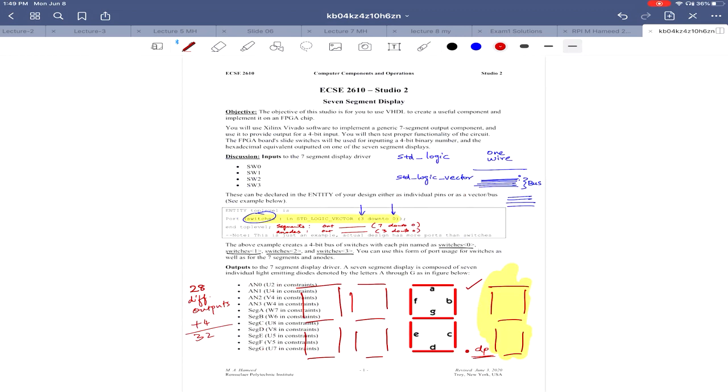So I can control 4 7-segment displays using 28 different outputs, or I can control them by using 7 outputs that can be directed to one of the 7-segment displays or multiple of them. So by using the anodes output, you can direct which 7-segment display port it is referring to.